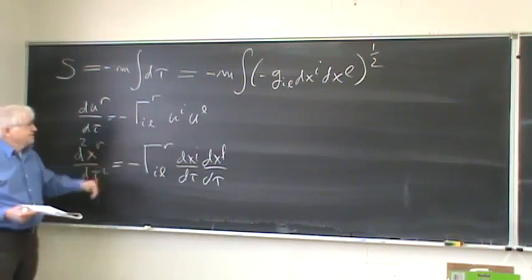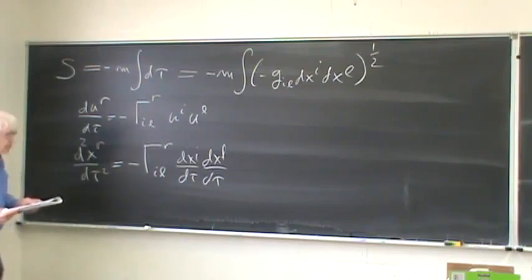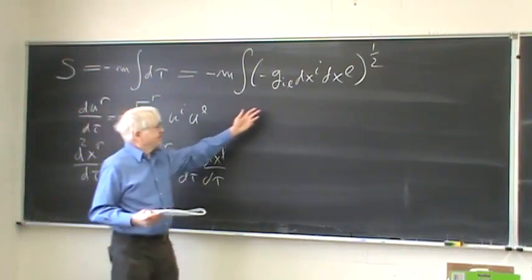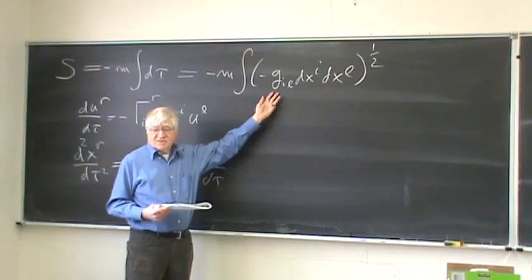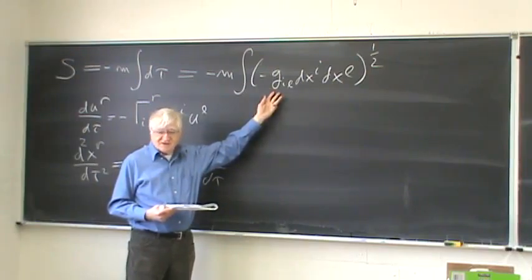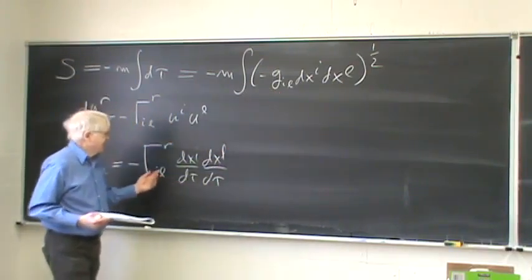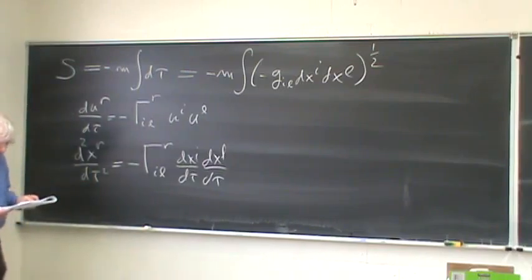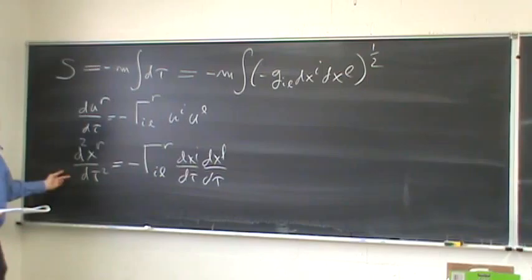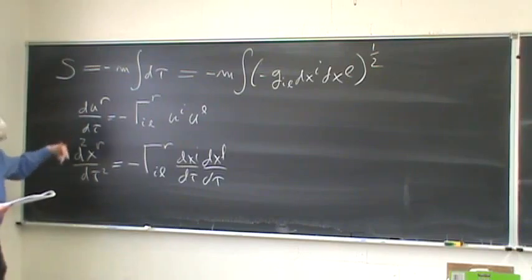So everything's in terms of the metric tensor. Well, of course, as it must be, because the only thing in this equation is the position of the particle in the metric tensor, so there couldn't be anything else. So that's why the gamma has to be there. I'm going to give a simpler derivation of this based on the equivalence principle momentarily, and after saying a couple of more things.